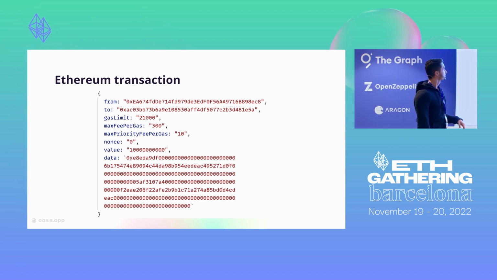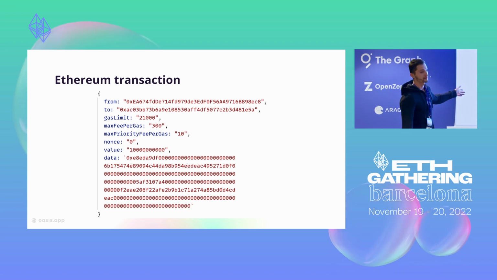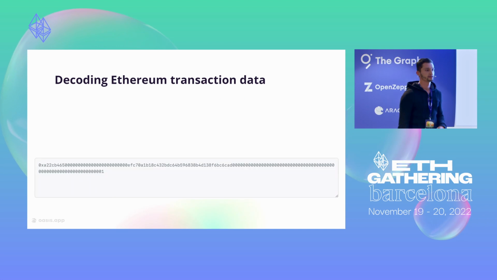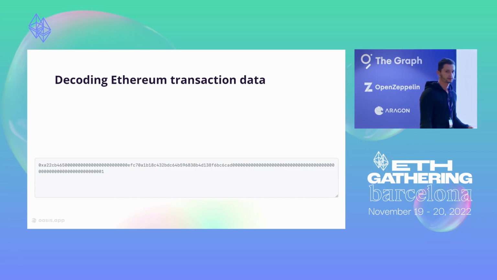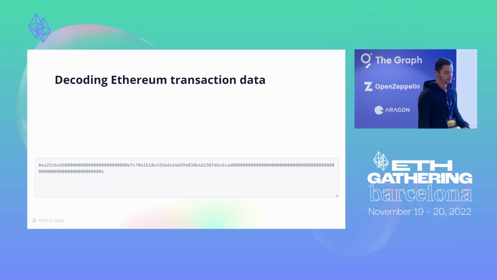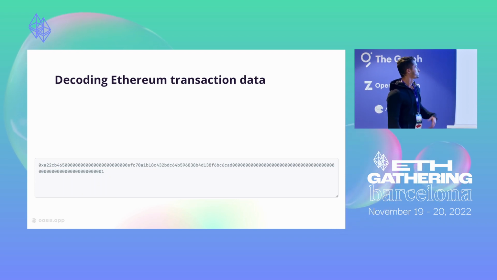Next, I will show you how to decode it, because at first it might look like gibberish. Today we had a great presentation called What the Hex that showed how to decode this. Here is just a reminder and a short example.